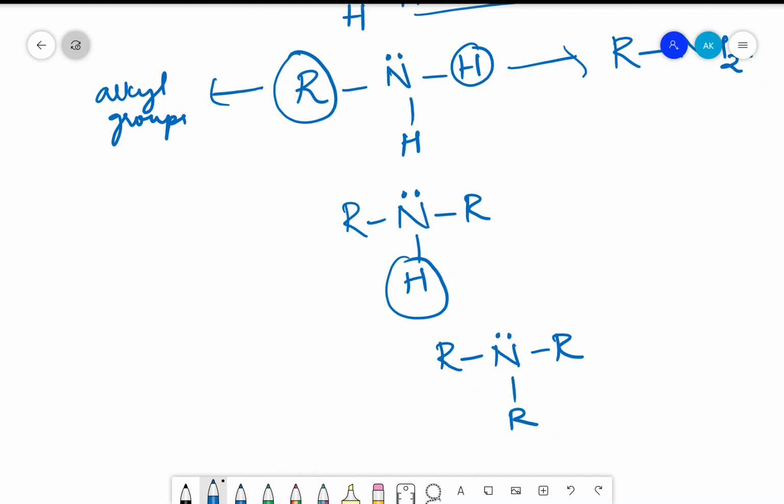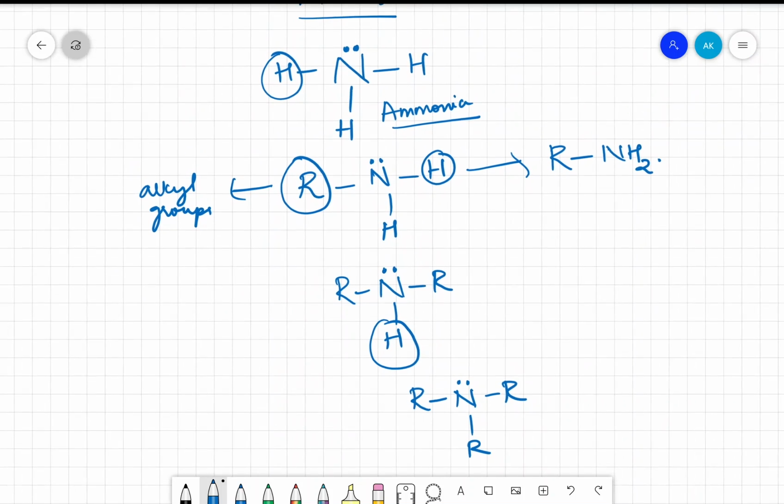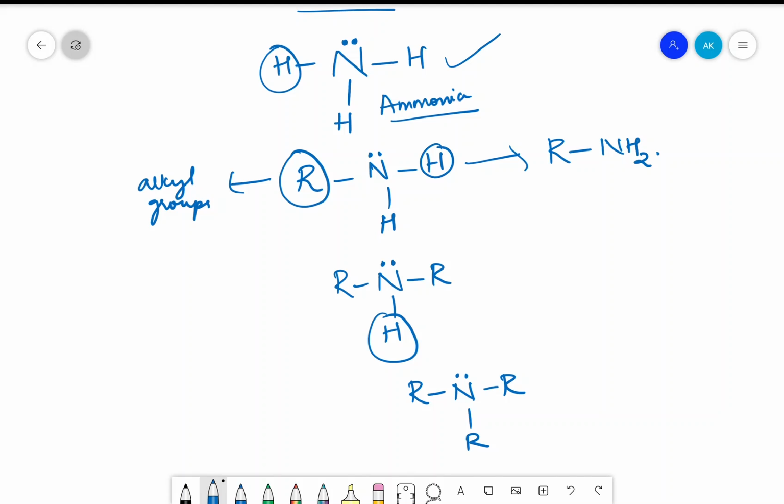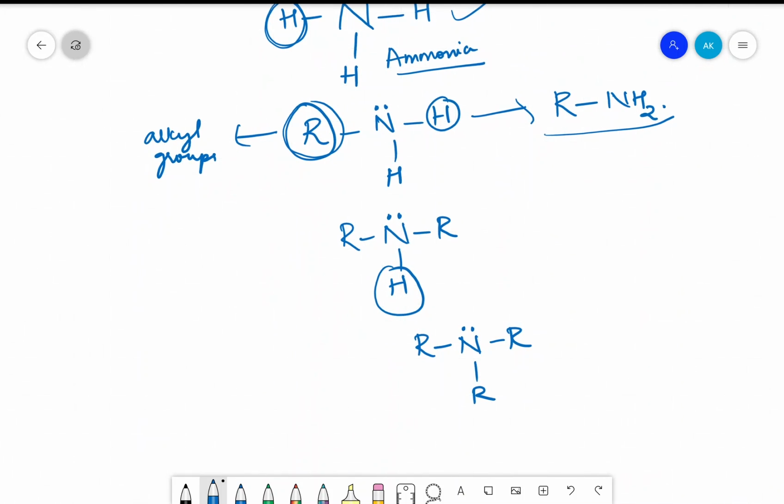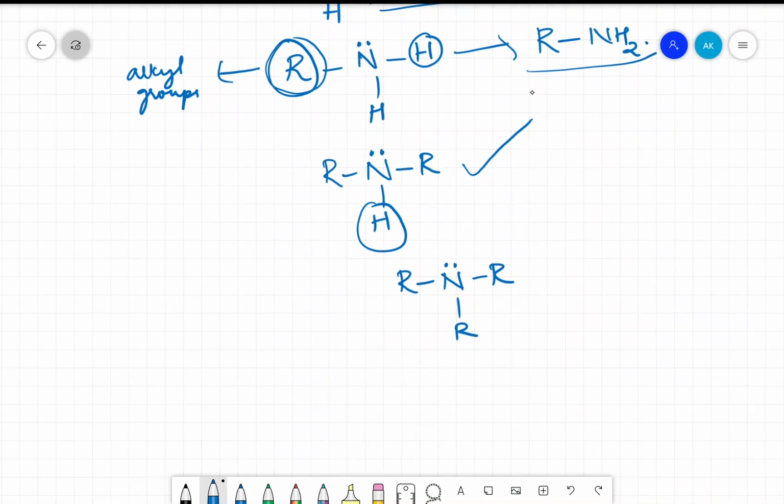So here is the basic idea of amines, that they are derivatives of ammonia, which is NH3. We are removing the hydrogen here and replacing it with R. Now it is RNH2. Then the remaining hydrogens are replaced to give us this particular structure, and the third hydrogen is replaced to give this particular structure.